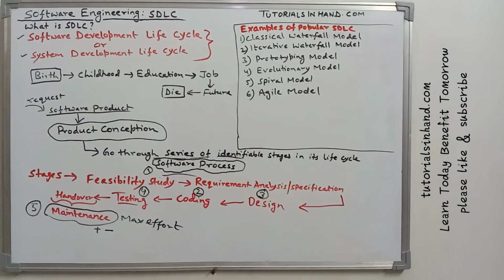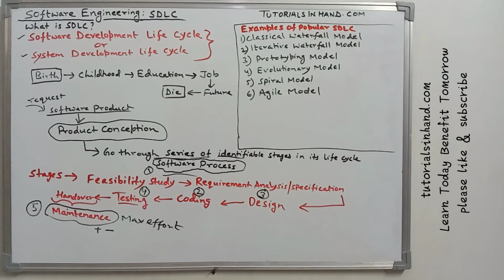You can find more software development life cycle models in different books, or different companies make their own software development life cycle, that is, a customized SDLC according to their company need or the product they are building. Based on that requirement, it might be customized according to them.